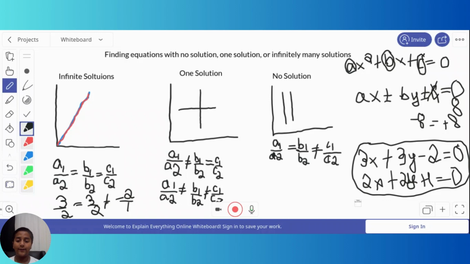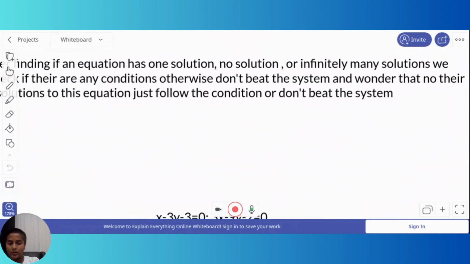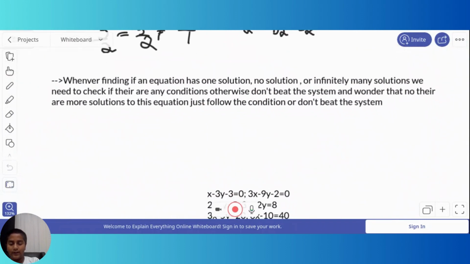Straight up, no buts, no ifs. Same thing for infinite, they're all equal, no buts, no ifs. But for one solution, you have a condition. Now I'm going to explain one of the most important conditions when solving these equations.